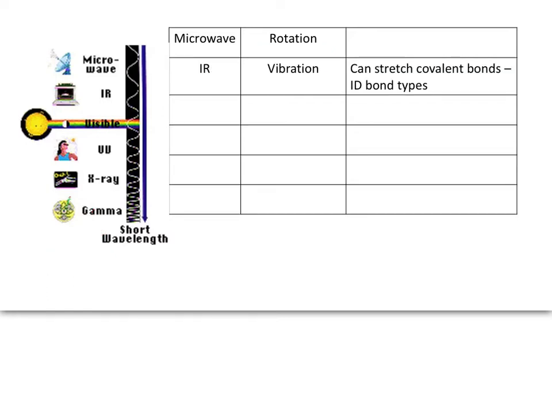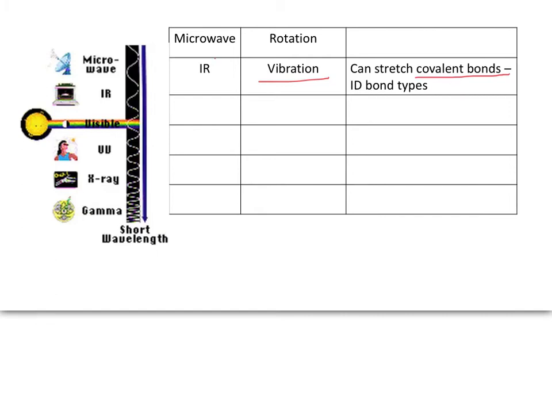Infrared radiation is the next highest form of energy. We don't do anything to protect ourselves from infrared radiation. It can be used to cause molecules to vibrate or stretch. So we can use infrared to stretch covalent bonds, and based on that, either identify what type of bond a substance has, or if we have a mixture of stuff and we're trying to isolate something, we can narrow down what we have.